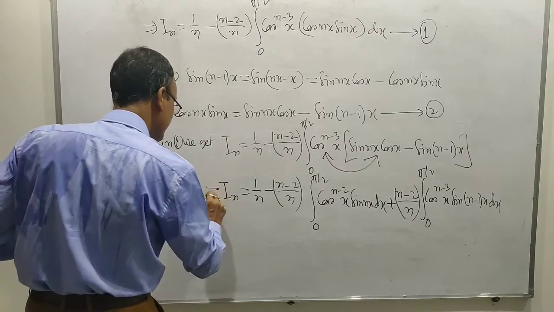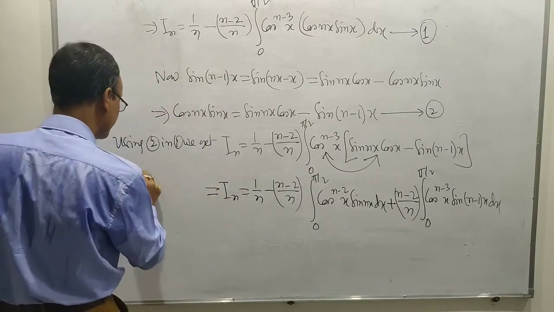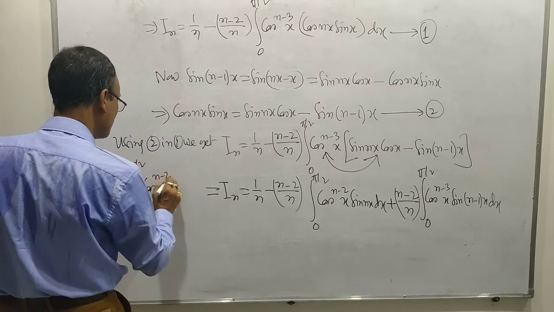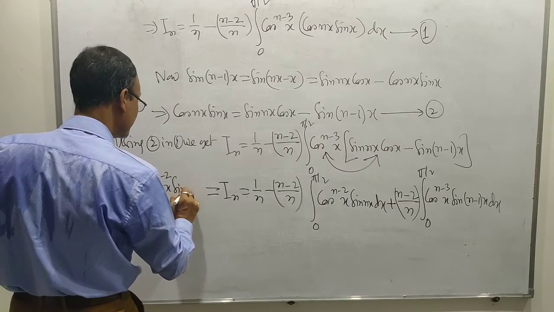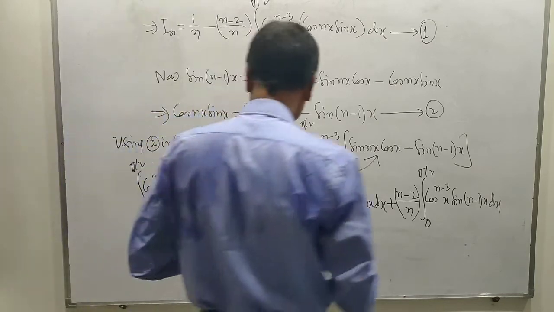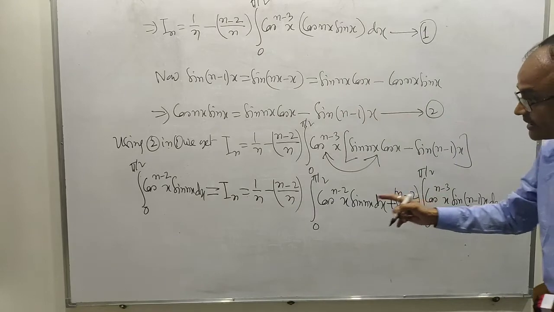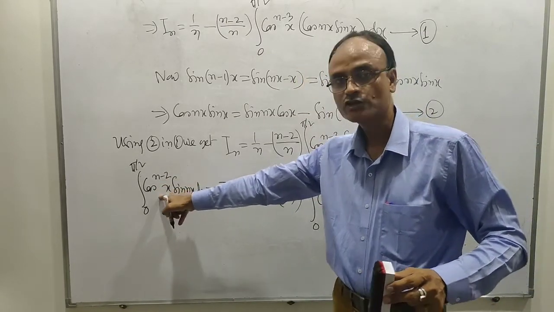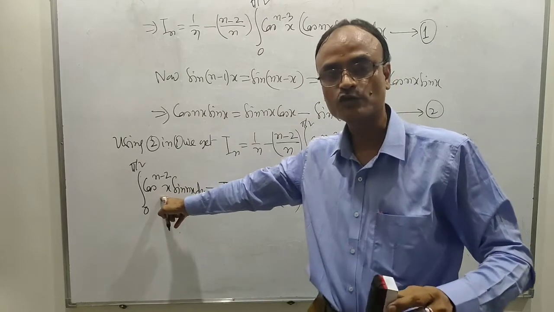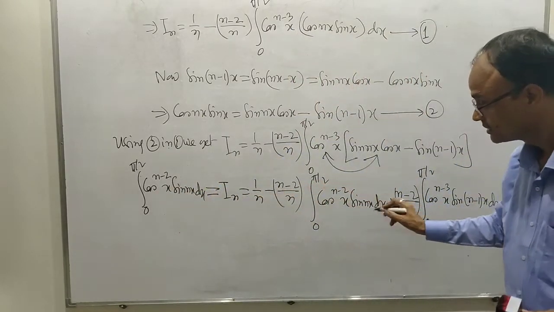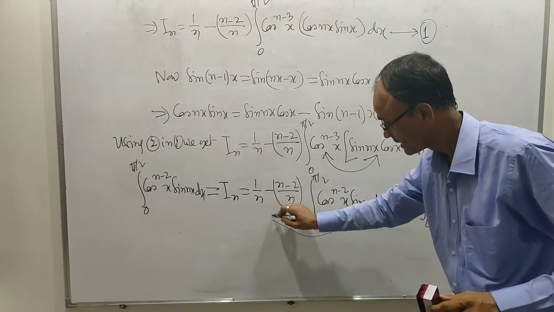That is, this is equal to, what is I n? I n equal to integration 0 to pi by 2 cos to the power n minus 2x sin nx dx. I n equal to this. Now you see, in the left hand side, integration 0 to pi by 2 cos to the power n minus 2x into sin nx, and a similar term is also there in the right hand side.